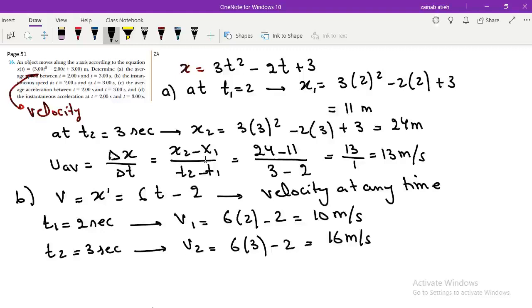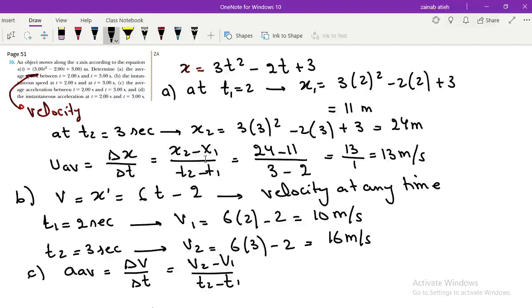In part C, we have to determine the average acceleration between t2 and t3. So this is part C. The average acceleration, what is its definition? It is delta v over delta t, which is v2 minus v1 over t2 minus t1. Since I am finding the average between time 2 and time 3, I have to put the velocity initially at time 2 and the velocity finally at time 3, over time 2 and time 3.